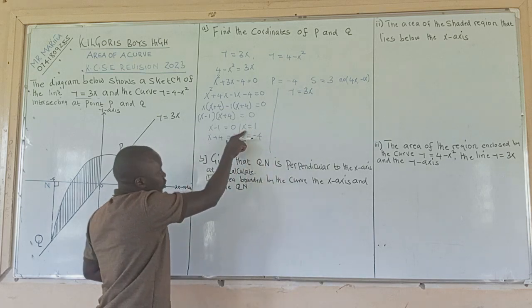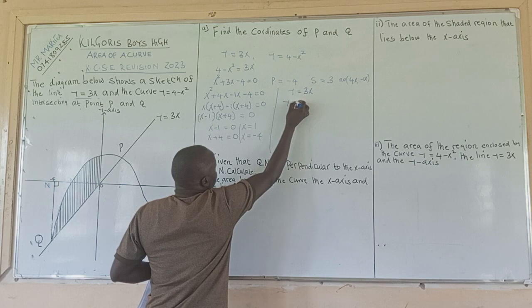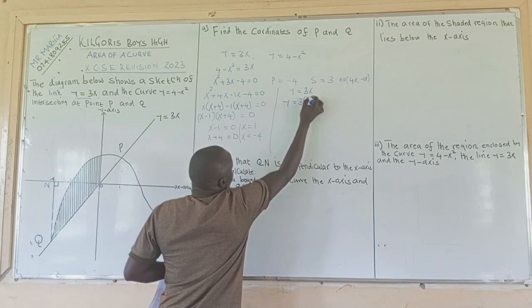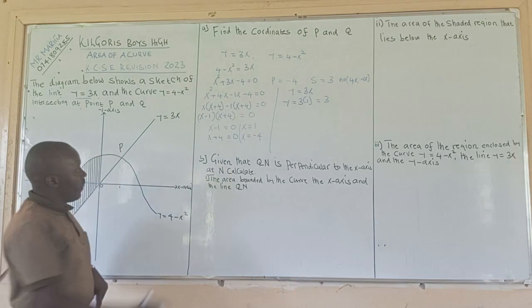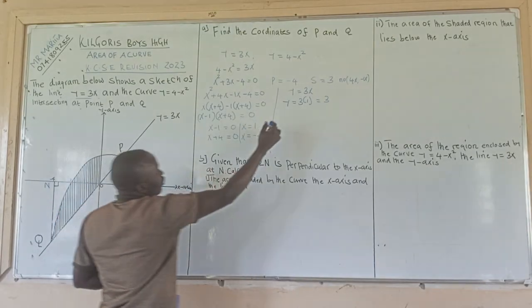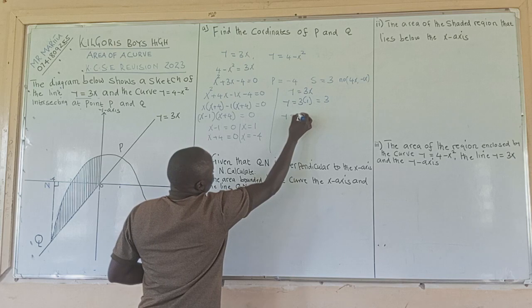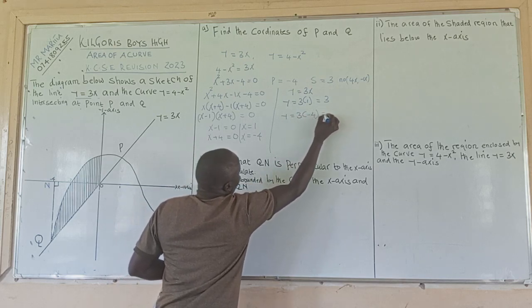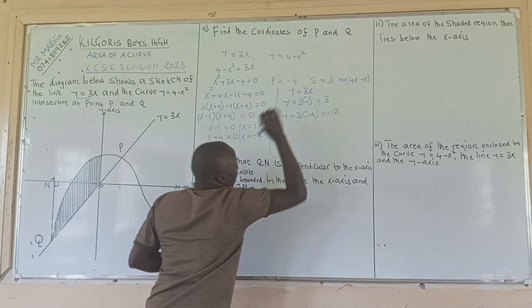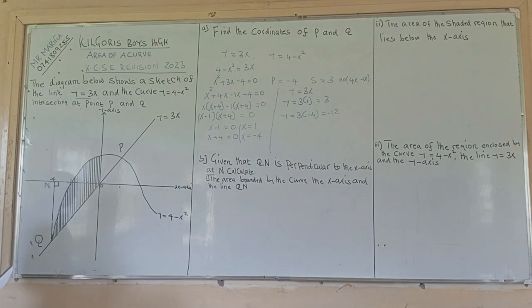When x is equal to 1, the value of y is 3 into 1, which is 3. When x is equal to negative 4, y is 3 into negative 4, which gives us negative 12.